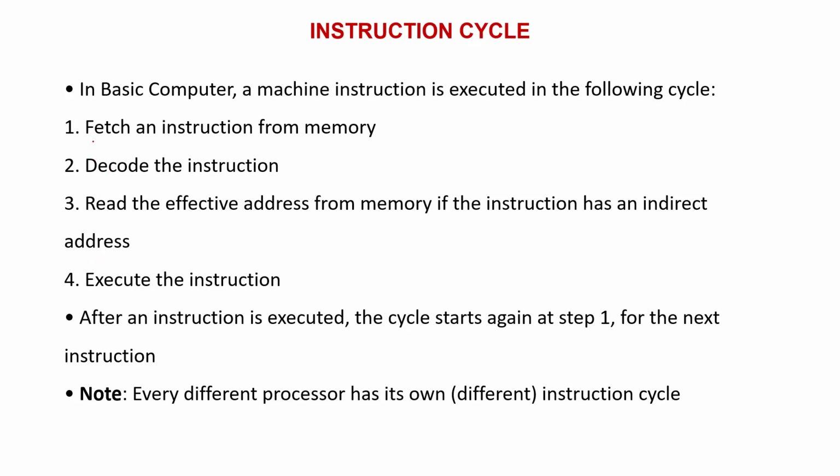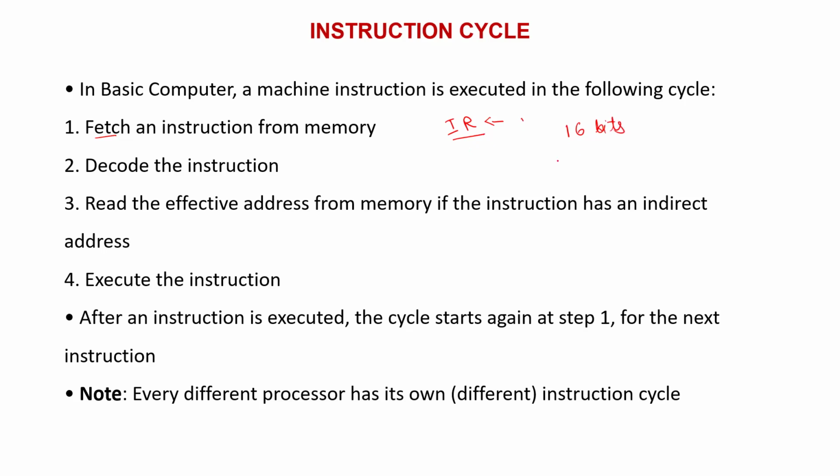In fetching, we obtain the instruction from the memory. You know that instructions and everything are stored in the memory. After fetching, the information from the memory will be in the instruction register. The IR for the basic computer is 16 bits.